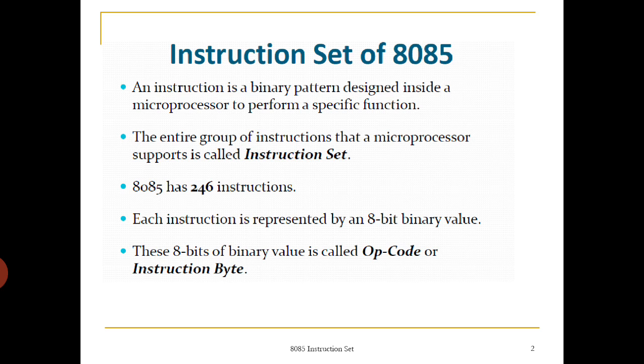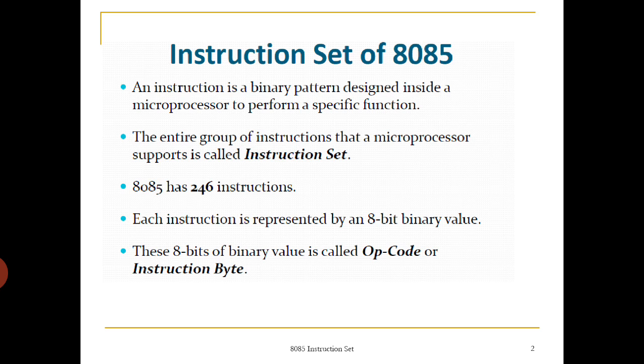After giving an instruction, it can perform functions like subtraction, addition, multiplication, division, etc. So it requires an instruction, and then according to that it performs a function. The entire group of instructions that a microprocessor supports is called the instruction set. So the various instructions for 8085 are combinedly called the instruction set.